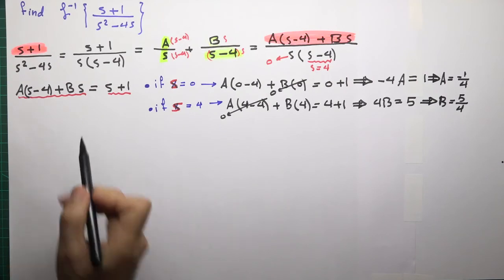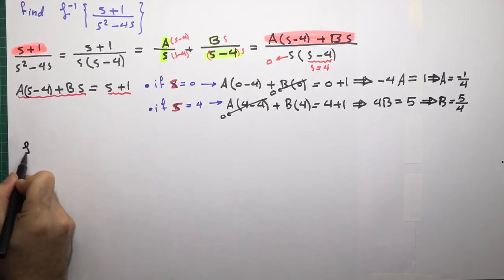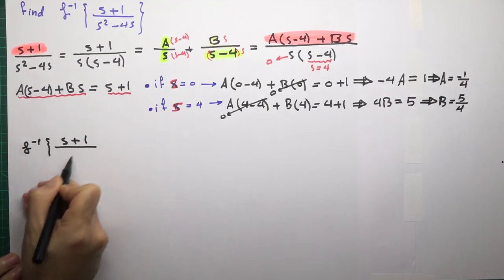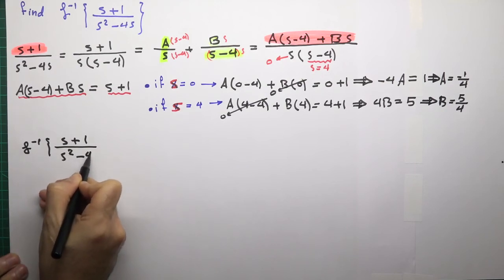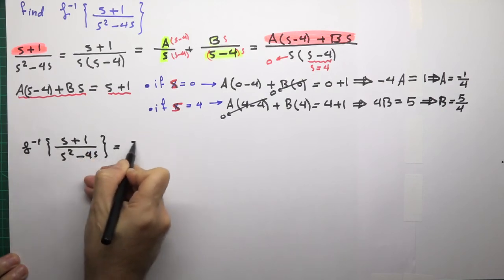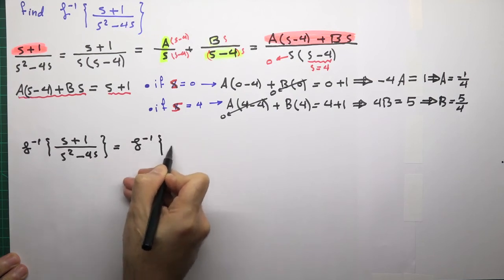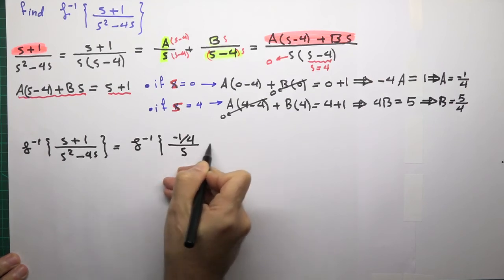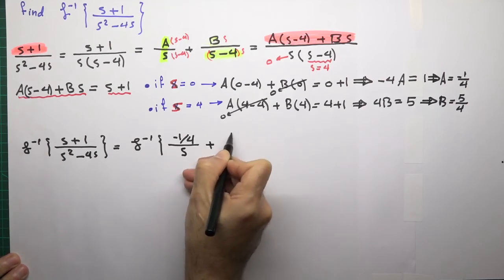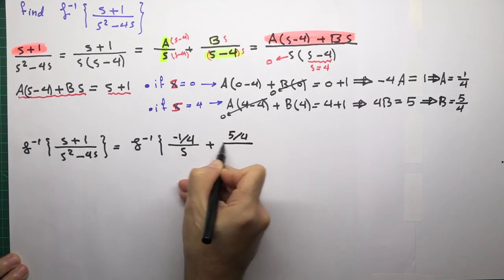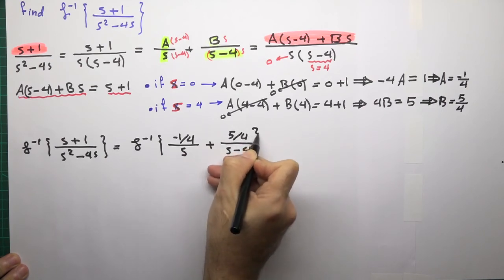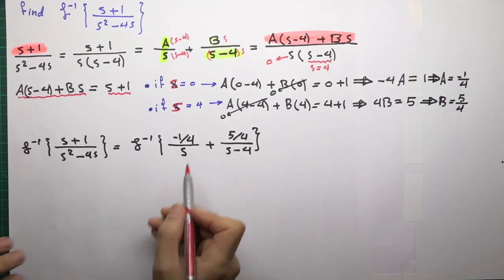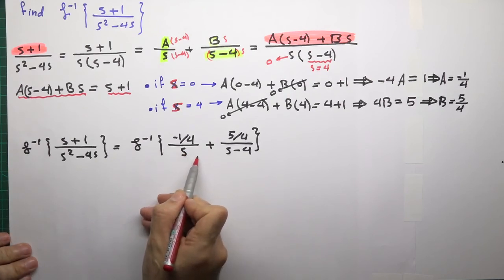So the original problem, I mean the inverse Laplace transform of s plus 1 over s squared minus 4s, will be the inverse Laplace transform of A, minus 1 over 4 over s, plus B, 5 over 4 over s minus 4. And remember, this inverse transformation is linear.